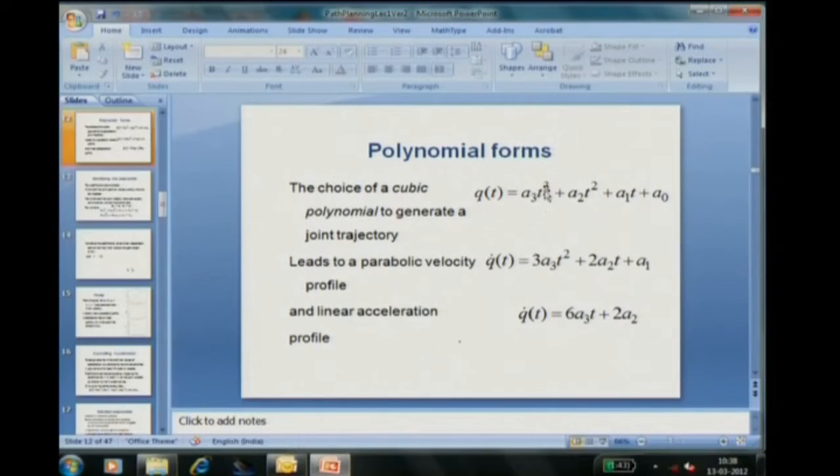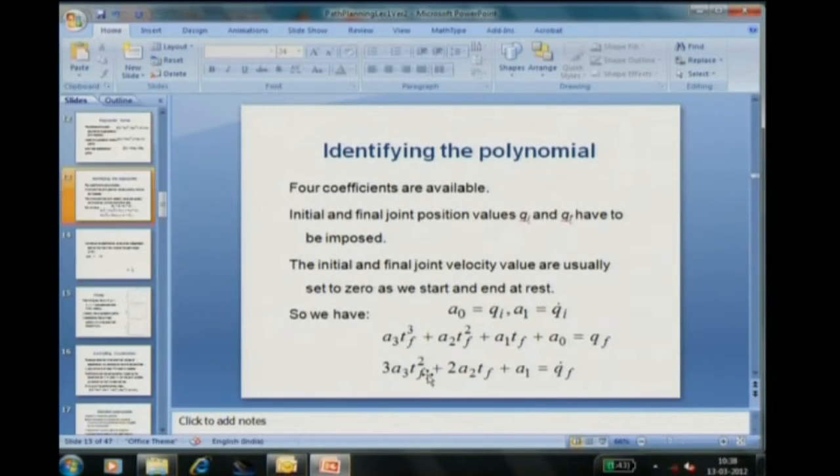If the trajectory is given by this, the velocity profile is this, with a linear acceleration profile. You want to identify the polynomial. The polynomial has 4 coefficients, and you have initial and final joint position values qi and qf. Definitely you have to impose that. Usually you will start and finish at rest, so you have 0 velocities there.